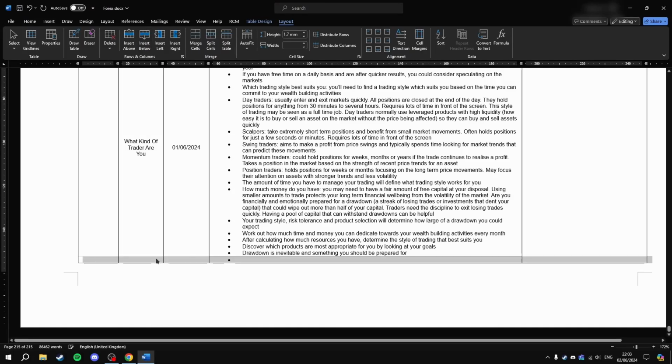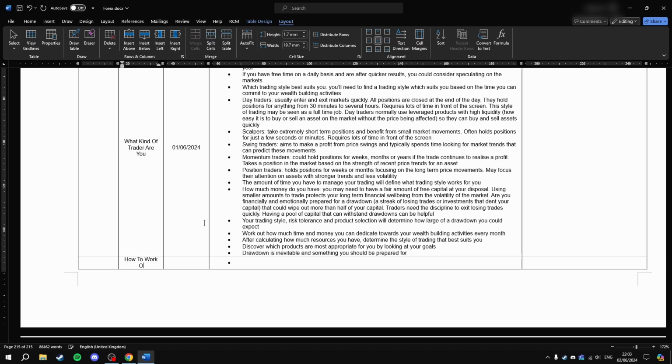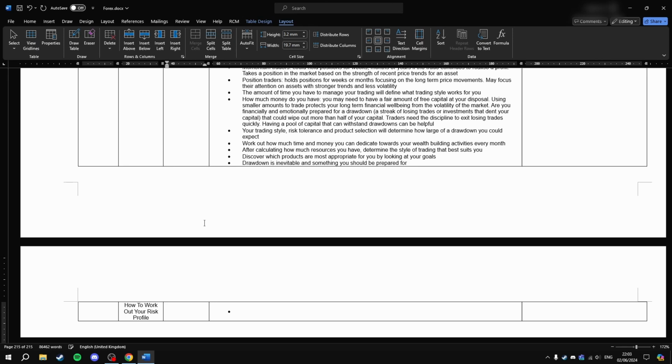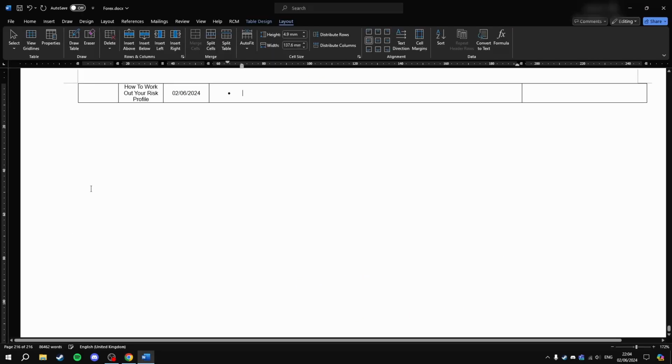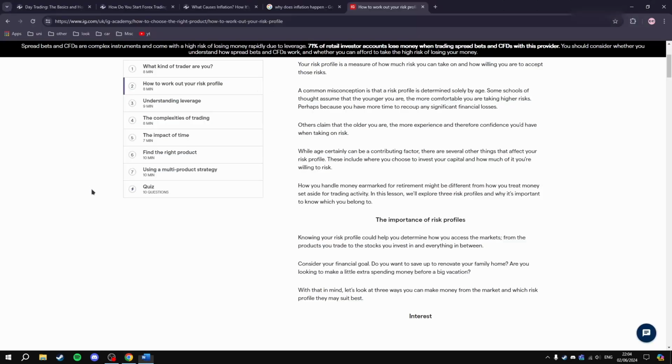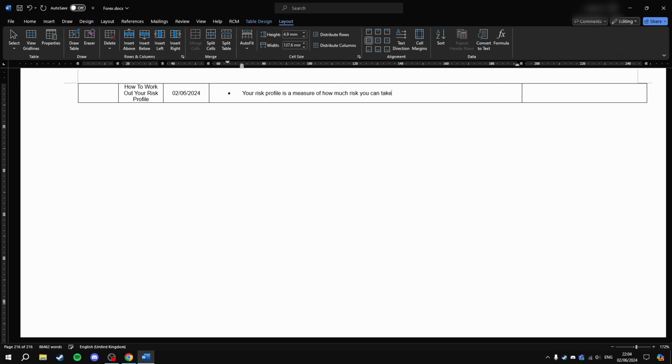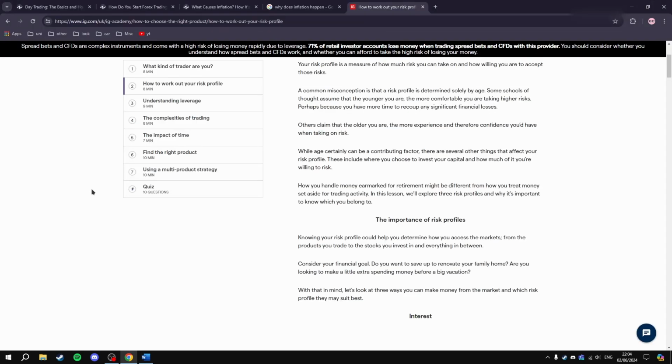Your risk profile is a measure of how much risk you can take on and how willing you are to accept those risks.